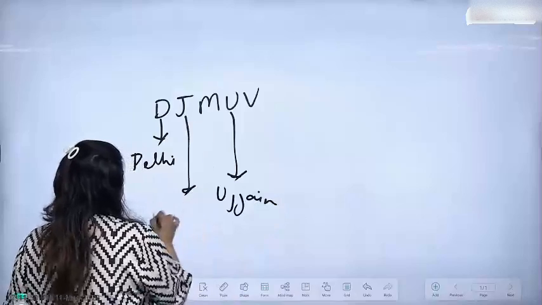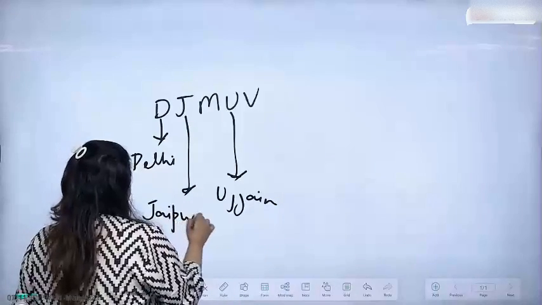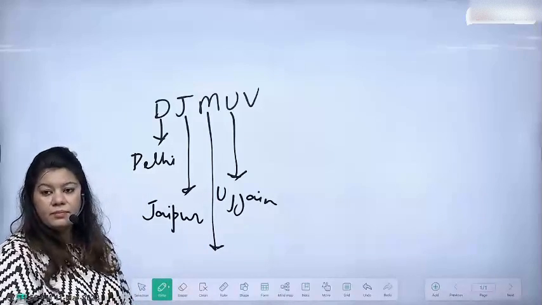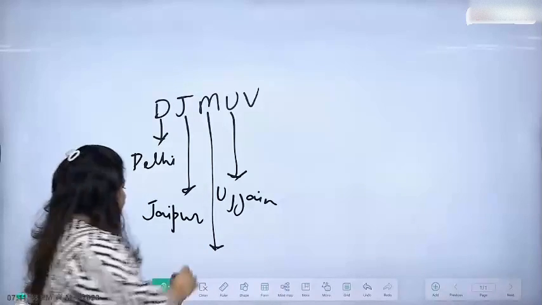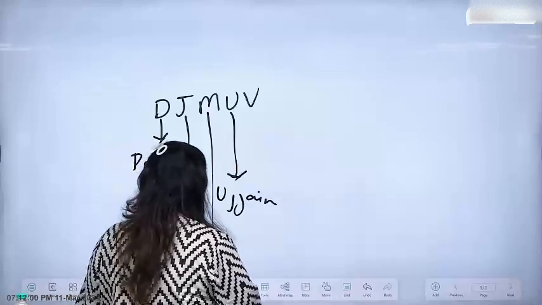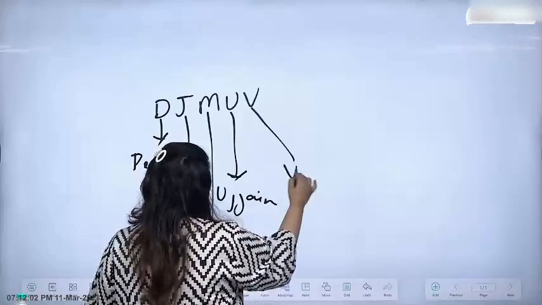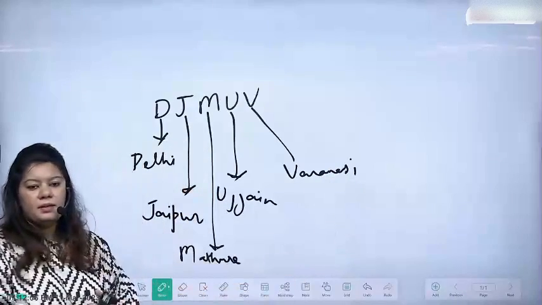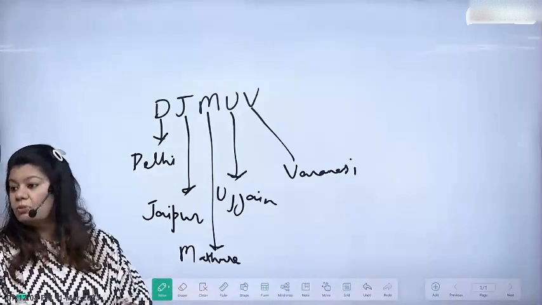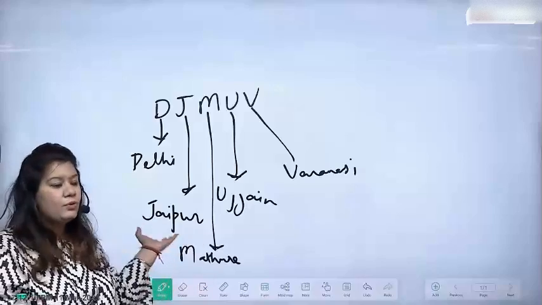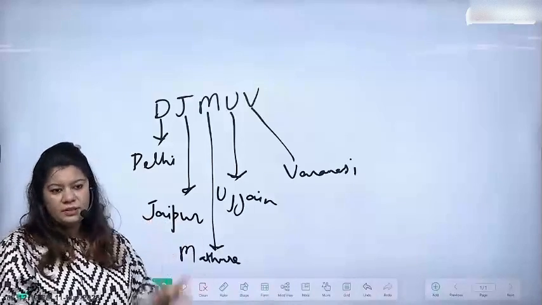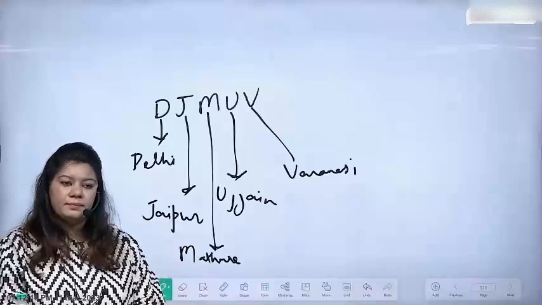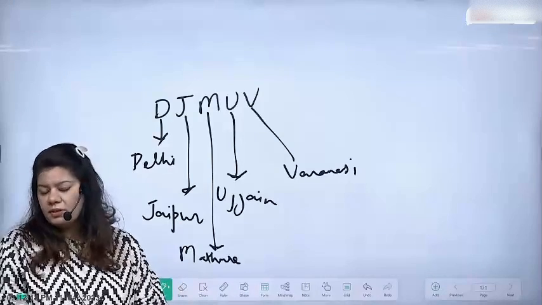This is Jaipur. This is Mathura. V, Varanasi. So, DJ move. Again, you asked me how to remember certain facts. I used to do these things for certain things. Wherever possible, I used to make my own acronym and my life was a little bit sorted.